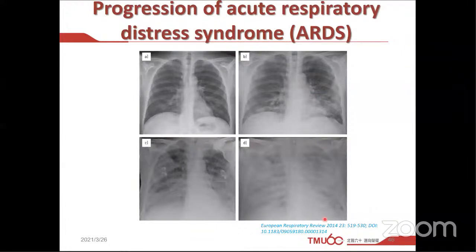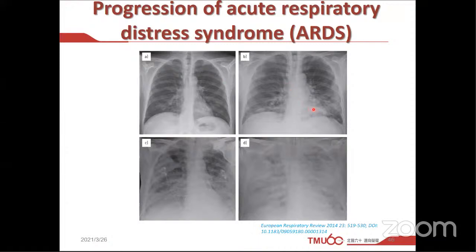And I'm going to use this film to show you the syndrome. ARDS is a lung failure, which contributes to the death and mortality of COVID-19 patients. Here is a picture. On the first day the patient went to the hospital and took a chest X-ray film. You can see it very clearly, it's in good shape. However, on the second day, you can see the progression of the disease.